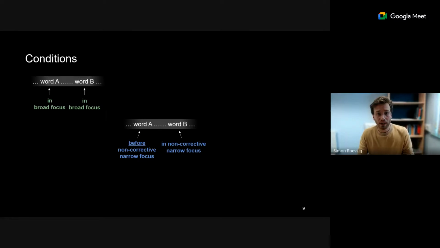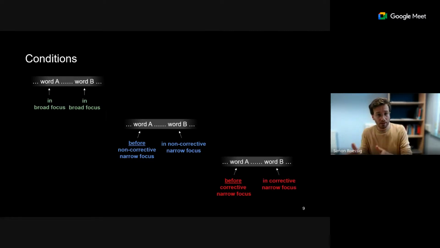Second, with word A before a non-corrective narrow focus. So word A is prefocal here, and B is the non-corrective narrow focus. And third, with word A before a corrective narrow focus, and word B is the corrective narrow focus.